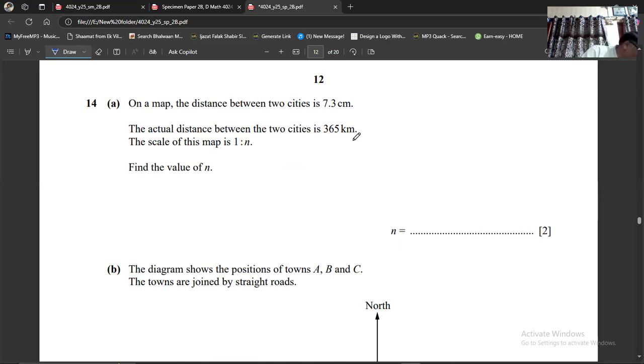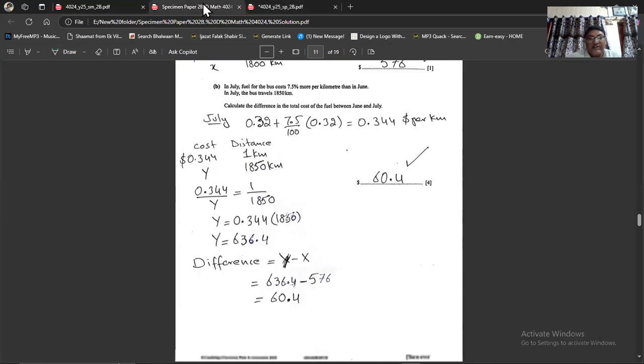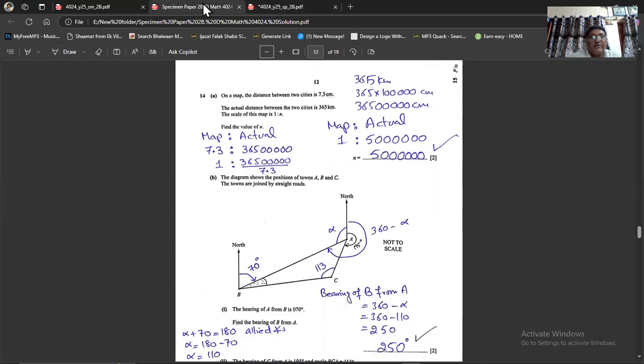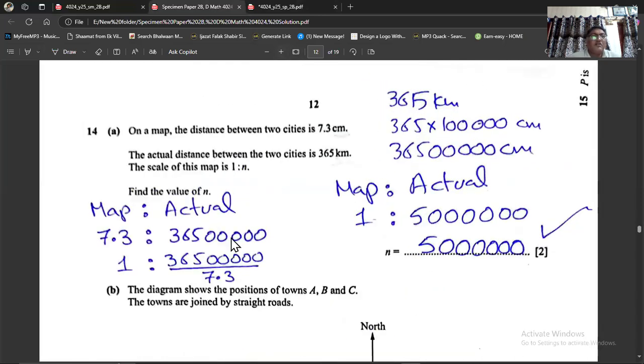In each kilometer, there are 100,000 centimeters. So 365 kilometers will be 365 multiplied by 100,000, which is 36,500,000 centimeters. So on the map, something is 7.3 centimeters.